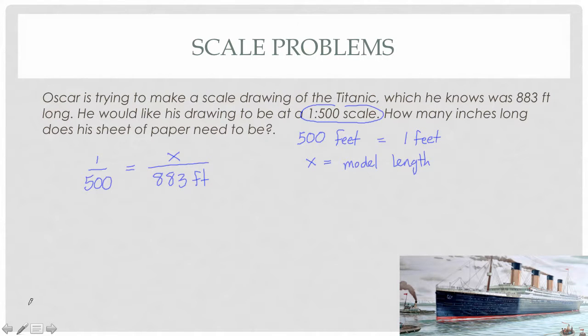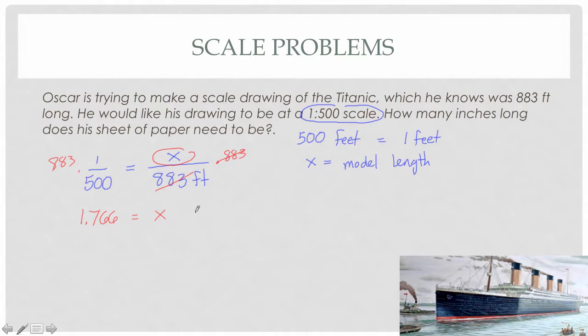All right, let's solve it out. I'm going to multiply both sides by 883 to divide that out, leaving x by itself on the right side. On the left side, I just need to do 883 divided by 500. What do we get? 883 divided by 500, and we get 1.766 equals x.